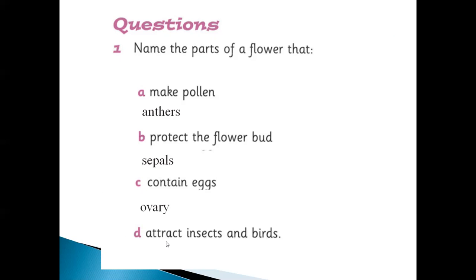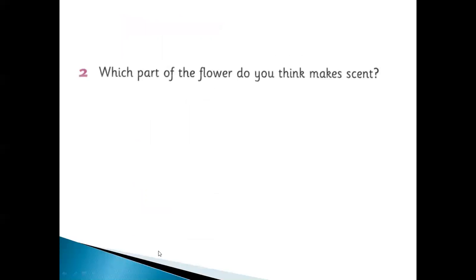What is the name of this? Petals. I'm repeating: making pollen, anthers; protect the flower bud, sepals; contain eggs, ovary; and attract insects and birds, petals.